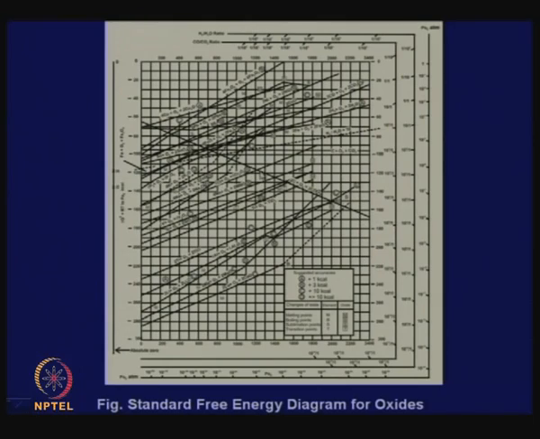And where it will get reduced we find from the intersection. Consider this reaction, a particular one which is very, very clear, 2 Ti plus O2 giving 2 TiO.